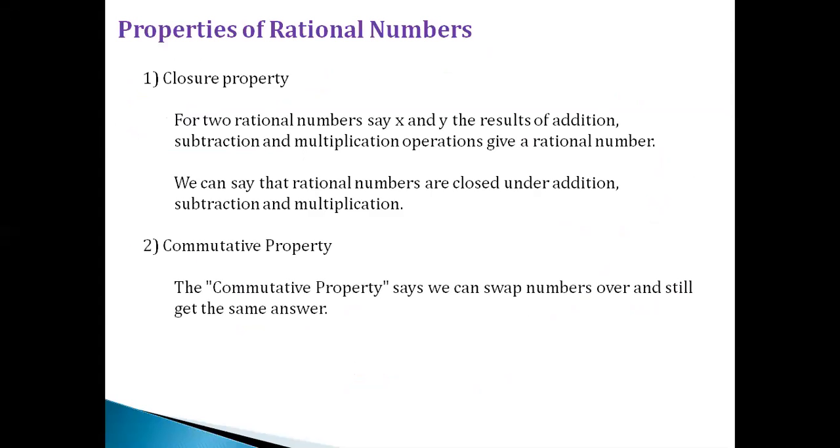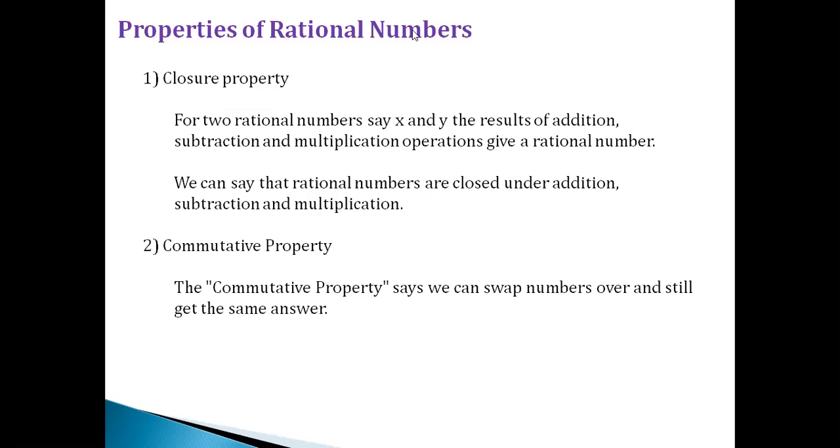It is nothing but reversing or swapping the numbers, changing the position of the numbers. If we change the position of the numbers, the answer has to be the same. Then only it comes under commutative property.